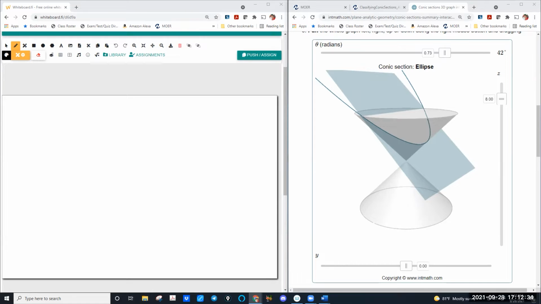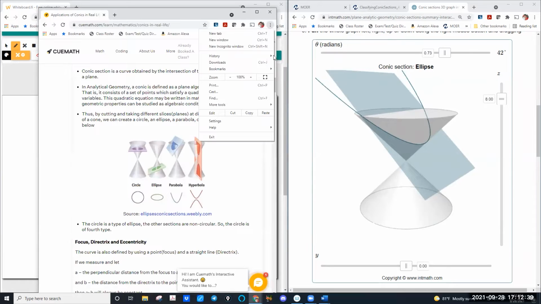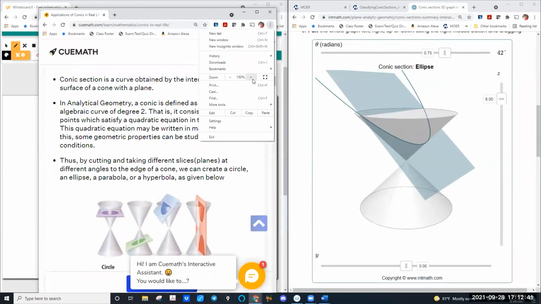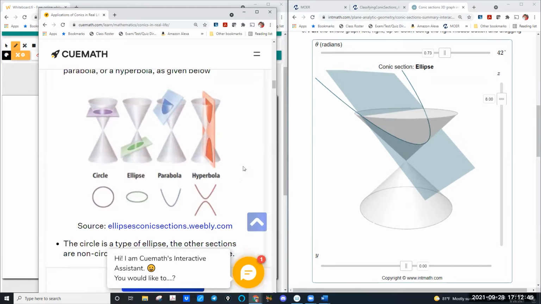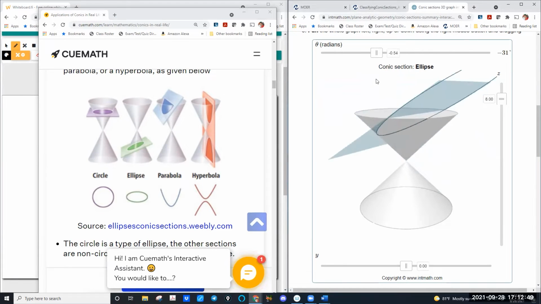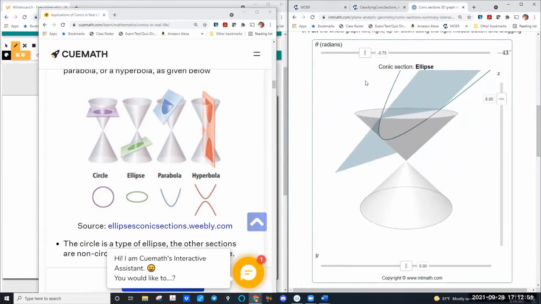Because again, this is where these came from. All our conic sections came from just, hey, we got a cone, look at all these cool things we can cut it into. So there you can see the parabola. Should be like about right there. For some reason, can't quite get it.